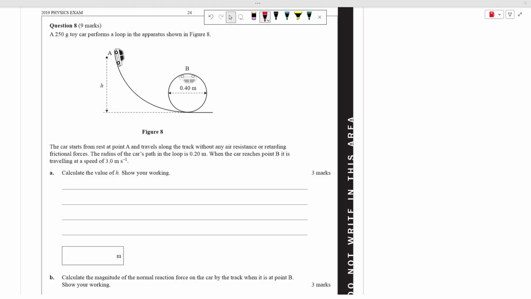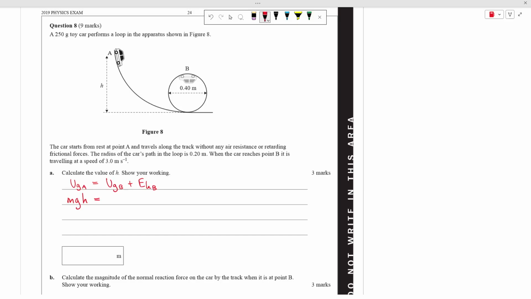So the gravitational potential energy at the top is equal to the gravitational potential energy at point B plus the kinetic energy at point B. Okay, because all your energy has to be accounted for somehow. Now, at the top of the hill at point A, we have mg times h, basically, because h is the height.